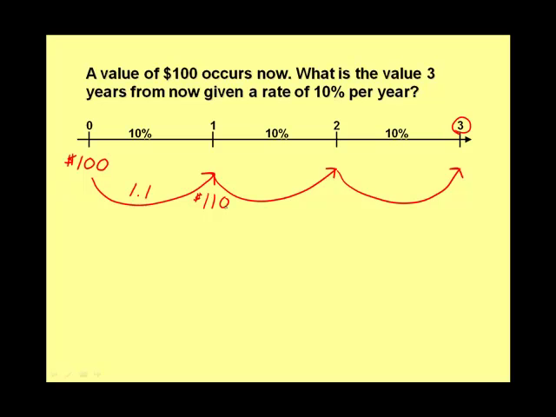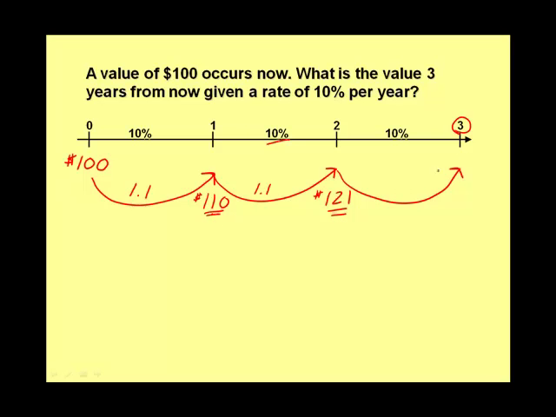Now that $110 here, it will then grow by 10%. So the value in year 2 likewise will be 1.1 times as large as our value at year 1. That gives us $121. That is our $110 plus 10% more.